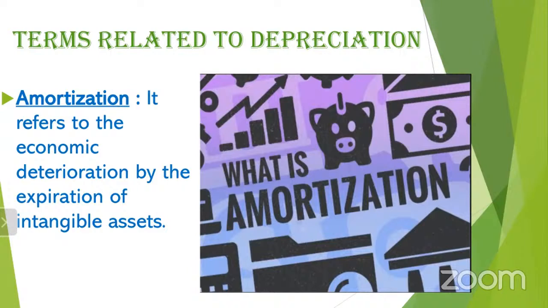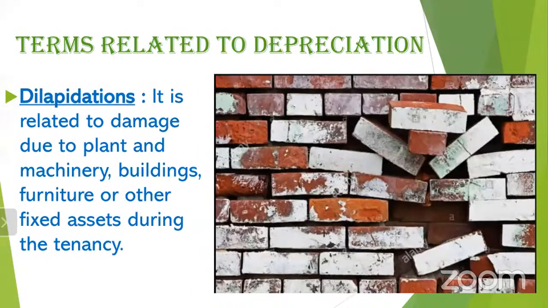The old things will be exhausted. Now we are using computer technology, so the old patents will be written off. Goodwill is also written off at the end. If any partner retires, sometimes the goodwill may be written off, like that.